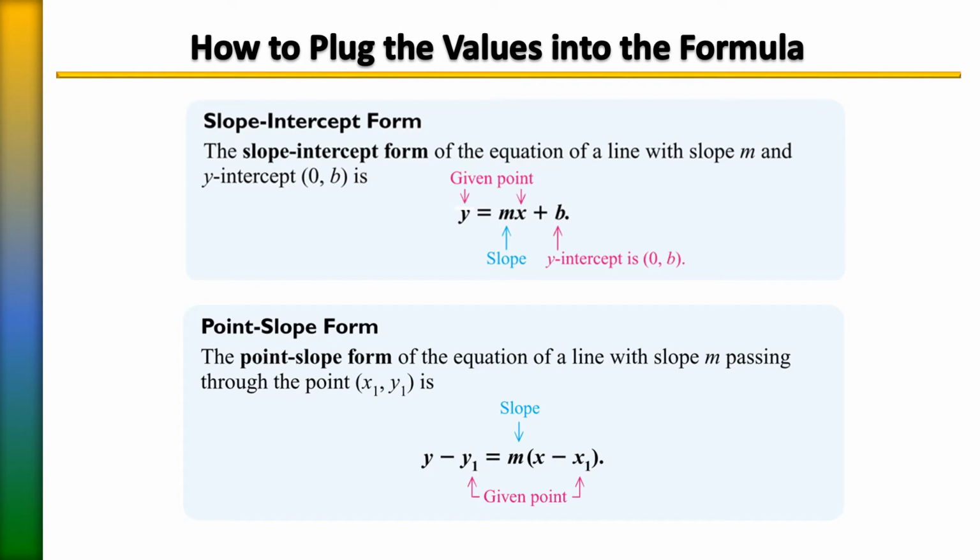And of course, m, you're going to remove the m and replace whatever slope you were given into that place. But as I stated before, do not plug any values into the x and y by themselves. You will only plug your values into the sub 1 points.